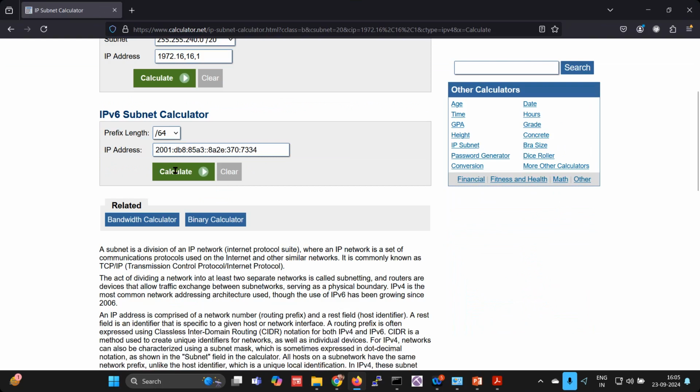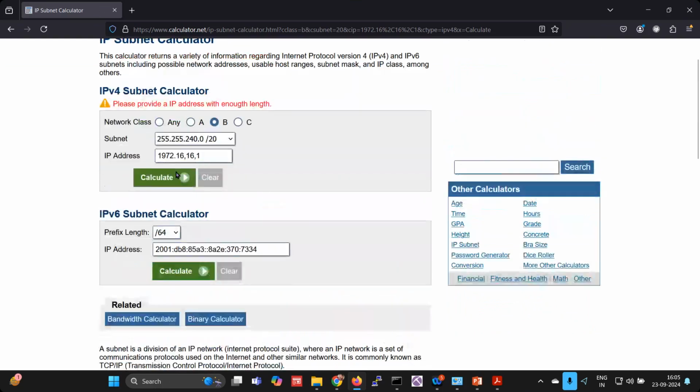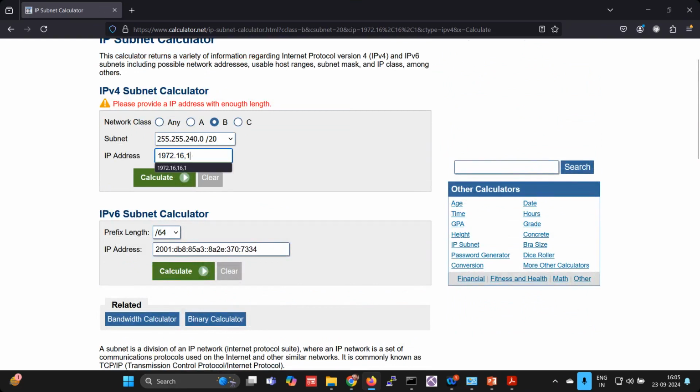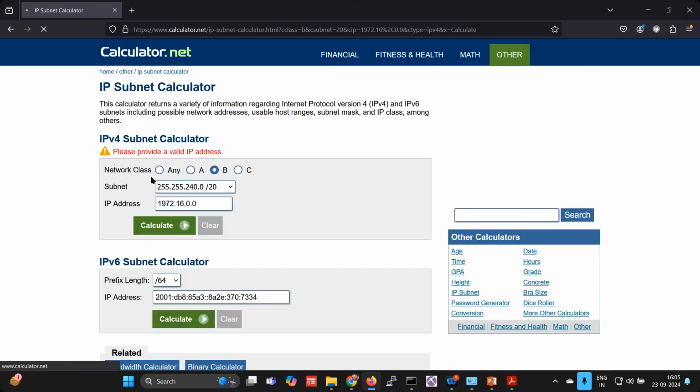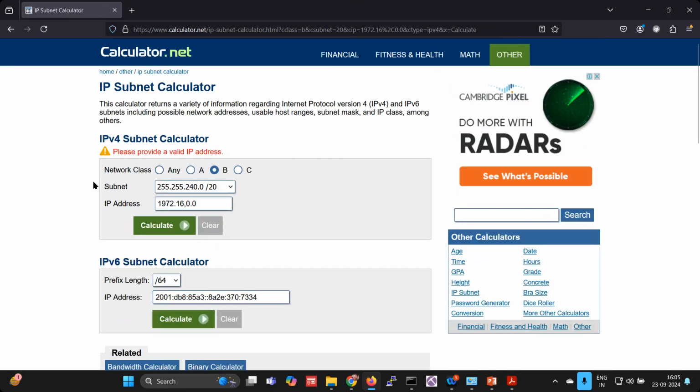The IP address you have entered is wrong. Yes, it is wrong, but why is it asking for this IP address? I think it is not required, but I can give 0.0. It should have asked about the network, but you are inputting 1972 at the start. Okay, okay. It should be 172.